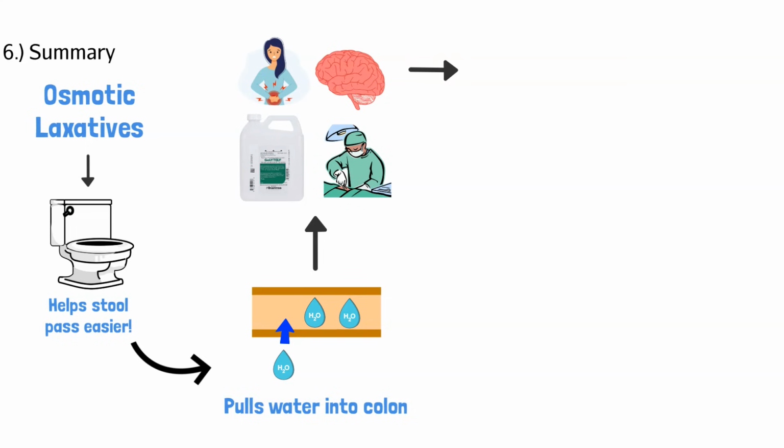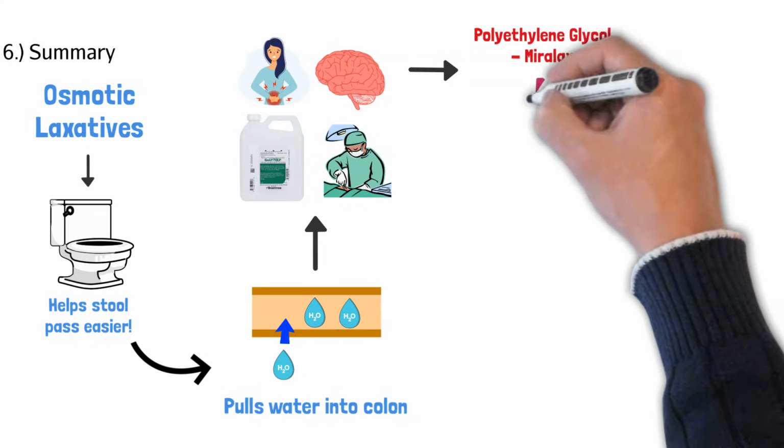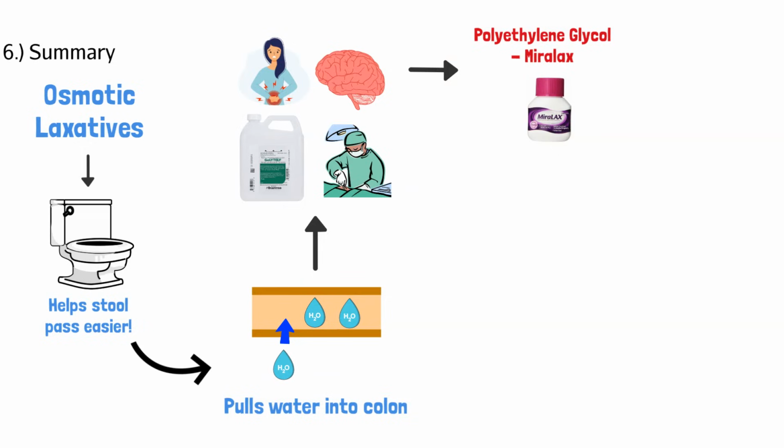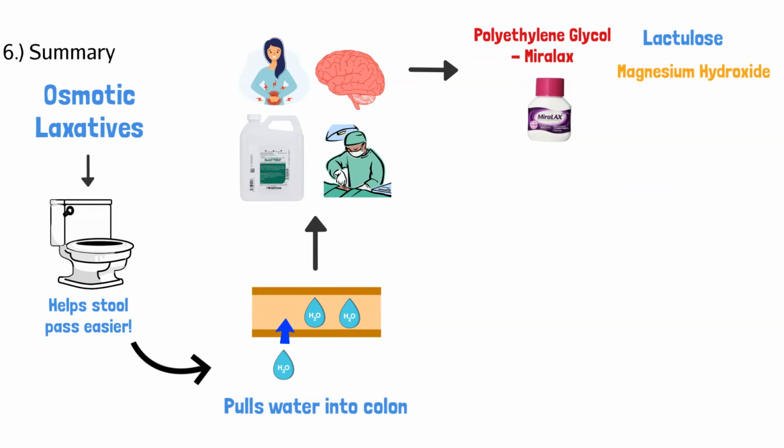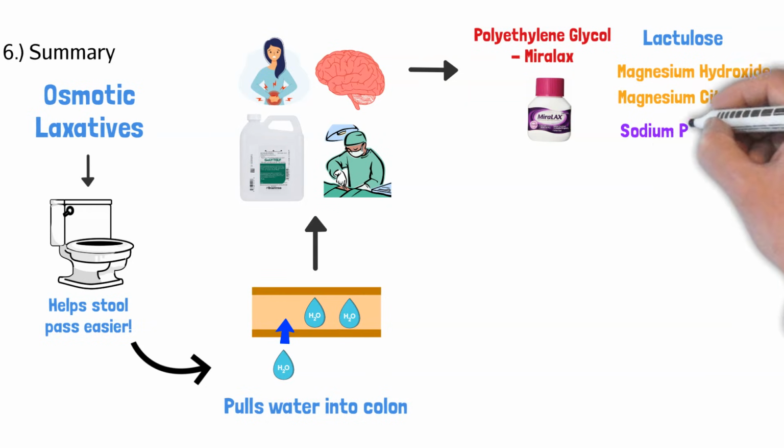We talked about multiple products. Our most popular was that polyethylene glycol. Brand name was Miralax. That GoLYTELY version was that big 4-liter version, right, before bowel prep. We talked about lactulose, which was used for encephalopathy. We had 2 magnesium products, magnesium hydroxide and citrate, and then a not so popular product, sodium phosphate.